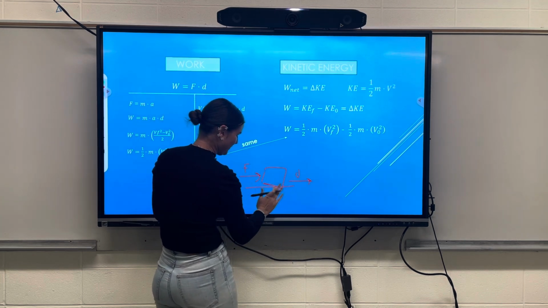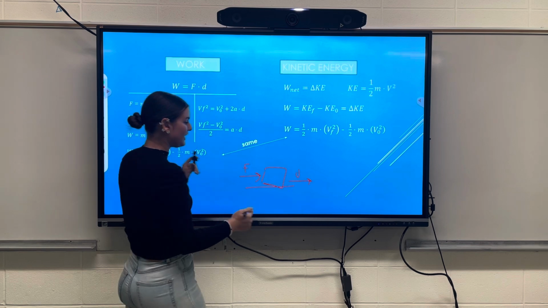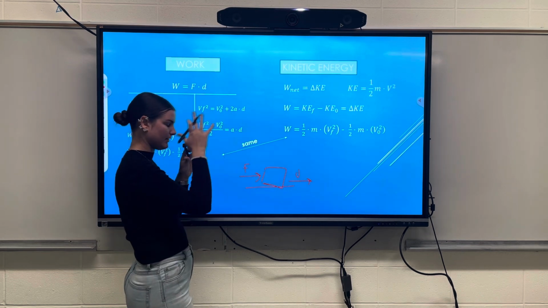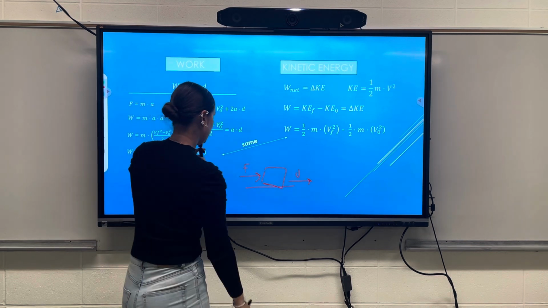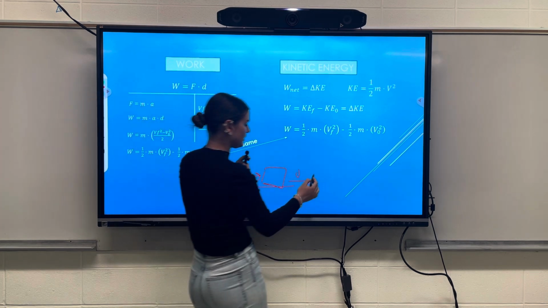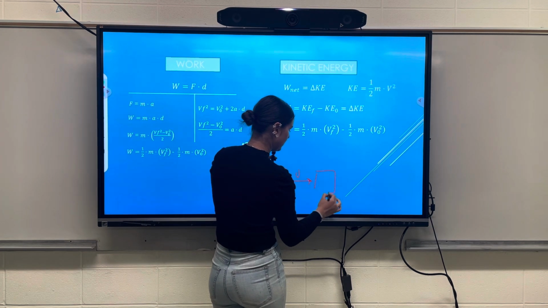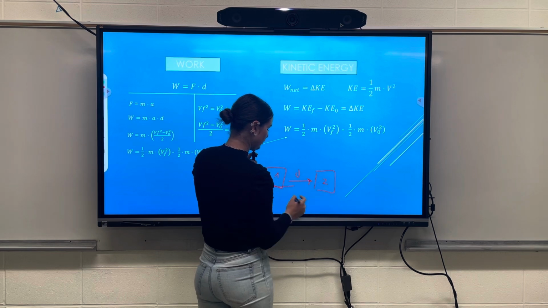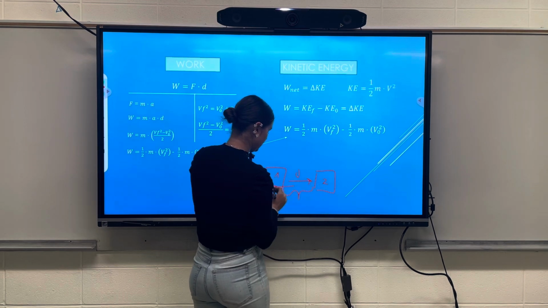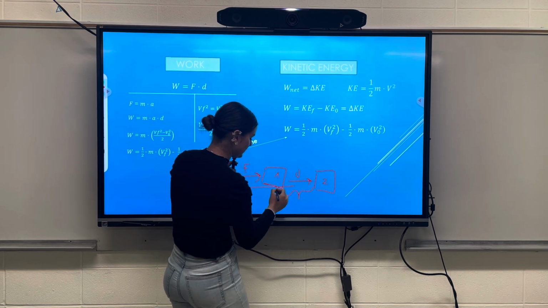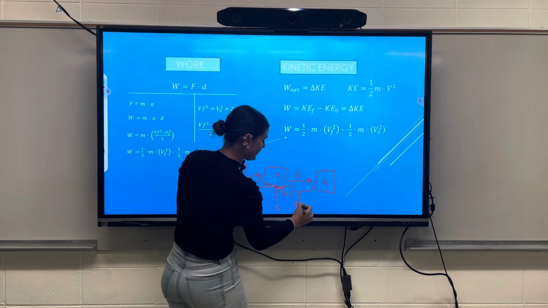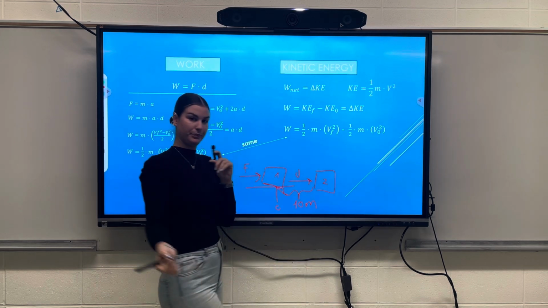Of course, this needs to be a little bit more accurate, but that is just for you to imagine it. So we can have this box in different positions, position 1 and position 2, and that displacement, since this might be a reference point 0, can be like 10 meters, for example.